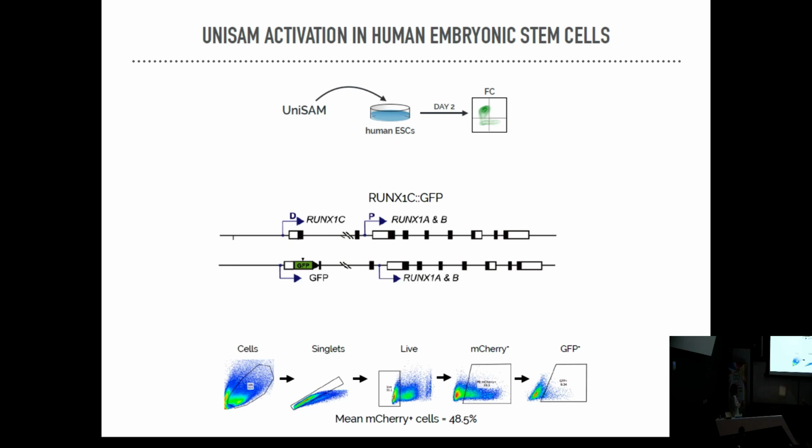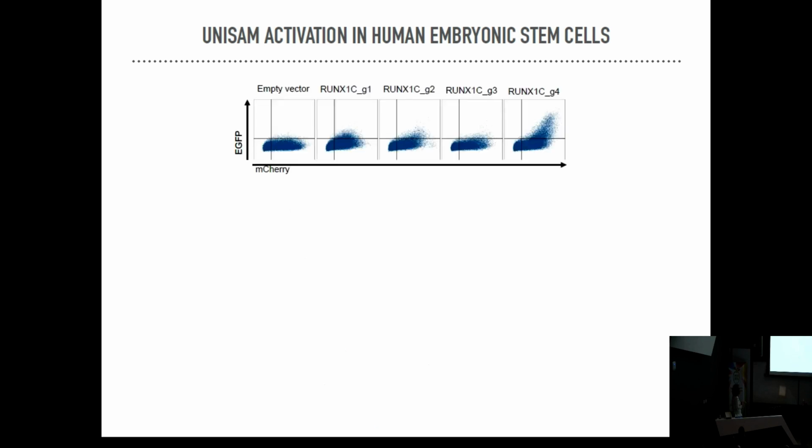So this was a great genomic tool to test our system, because we could look at cells that were red, because this was the tag of our plasmid, and then we could test also GFP, which is a green fluorescent protein, looking for green cells that were activated. And we could see that we could mediate the presence of GFP positive cells, so activated cells above this line.